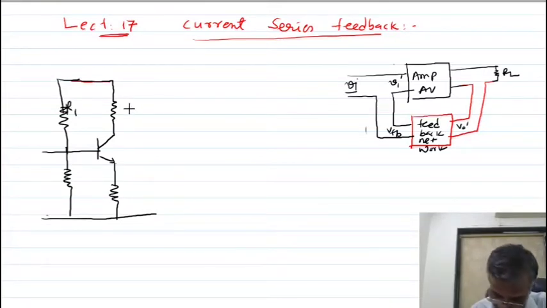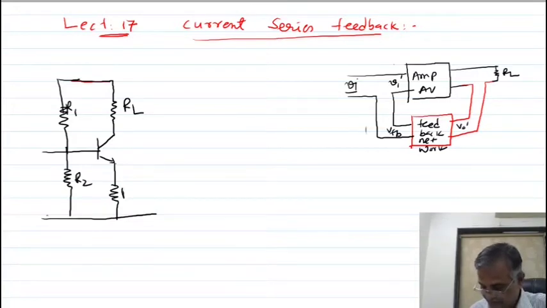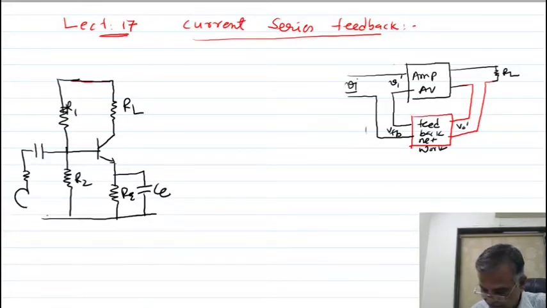This is R1, this is R2, this is RL, this is RE, and I have used a capacitor here. This is a common emitter amplifier circuit. This is your VS, this is your source resistance, CC is your coupling capacitor, and this is your VO.